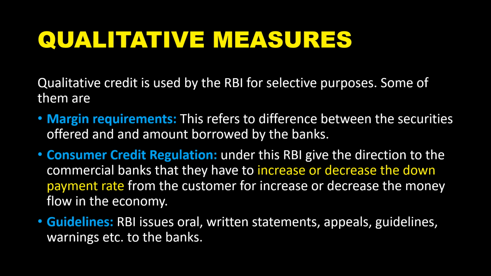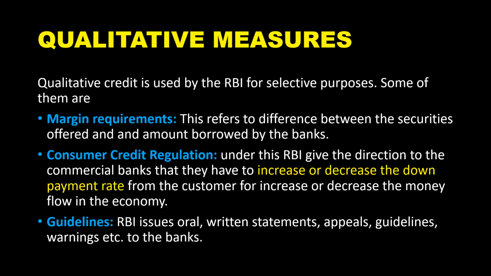Margin requirements is just like the difference between the securities offered and the amount borrowed by the banks. RBI will tell you the margins. In that case, what happens? Imagine one commercial bank, like Vijaya Bank, needs to take a loan from RBI.